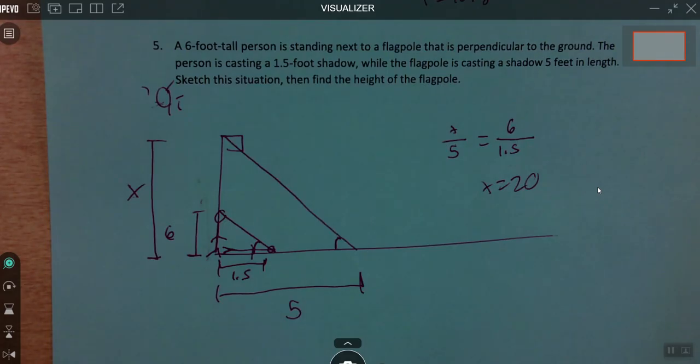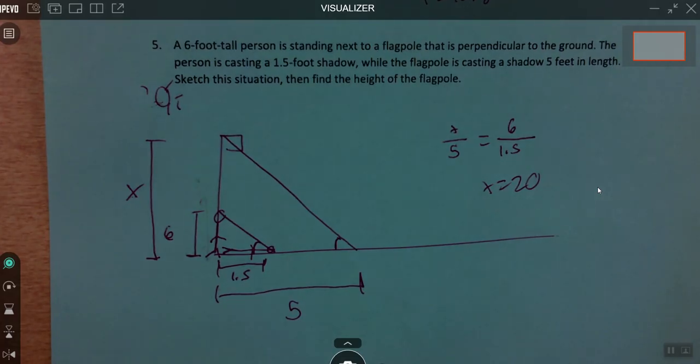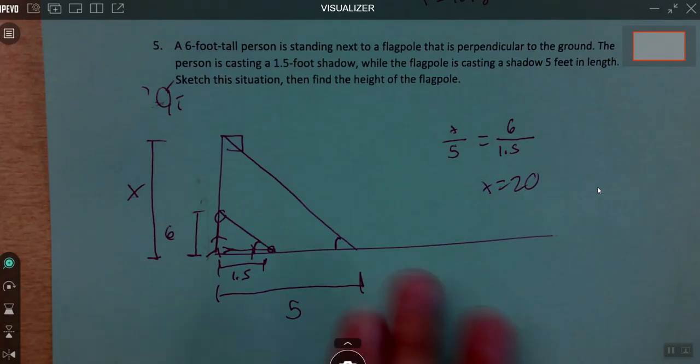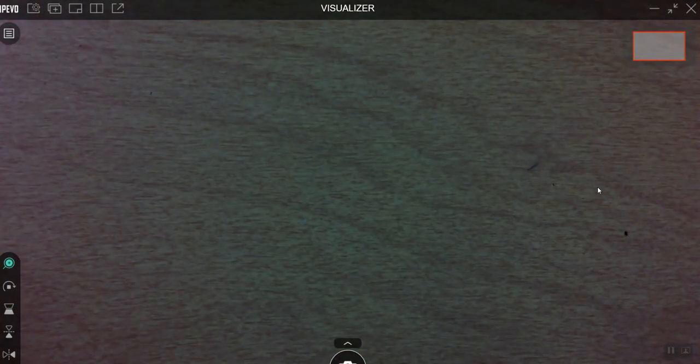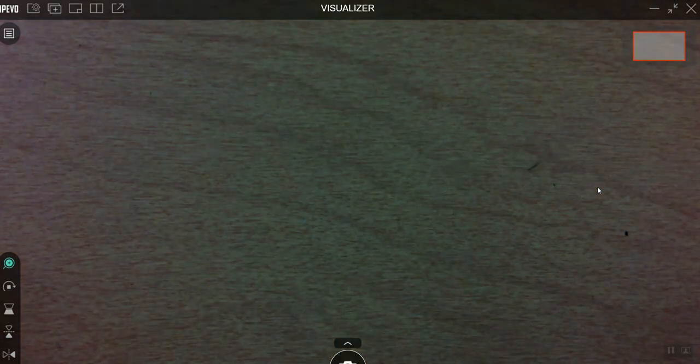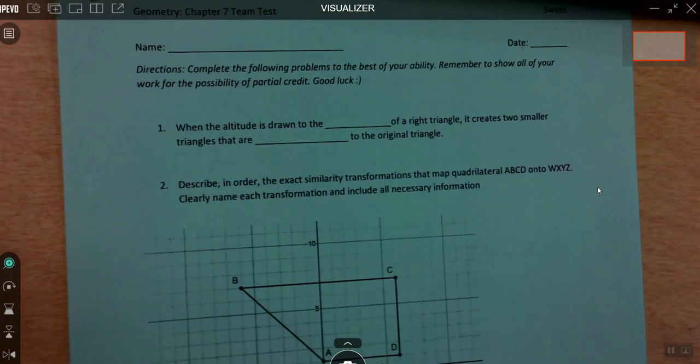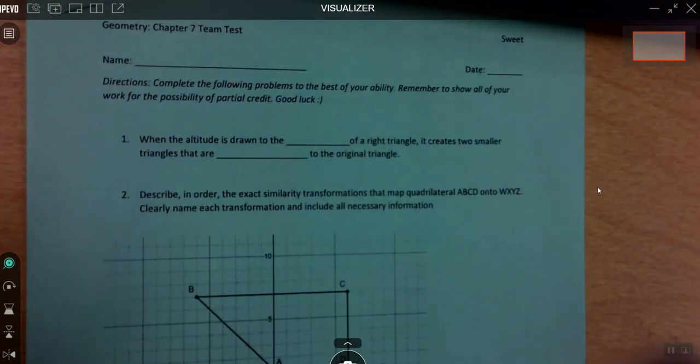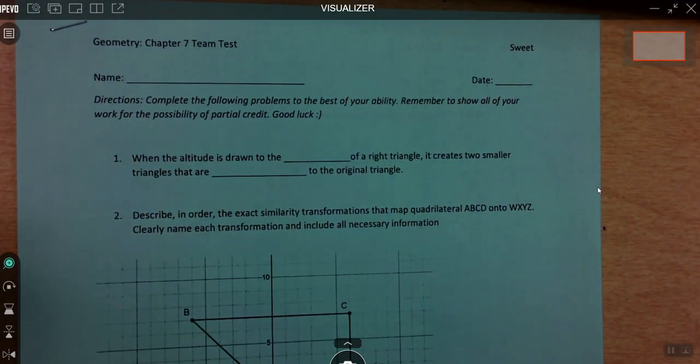Do we have any final thoughts or questions on it? Okay. Then let's go over to the team test. You guys did great on the team test. I put it in as less of a point because you guys used your notes, so it impacted your grade less.